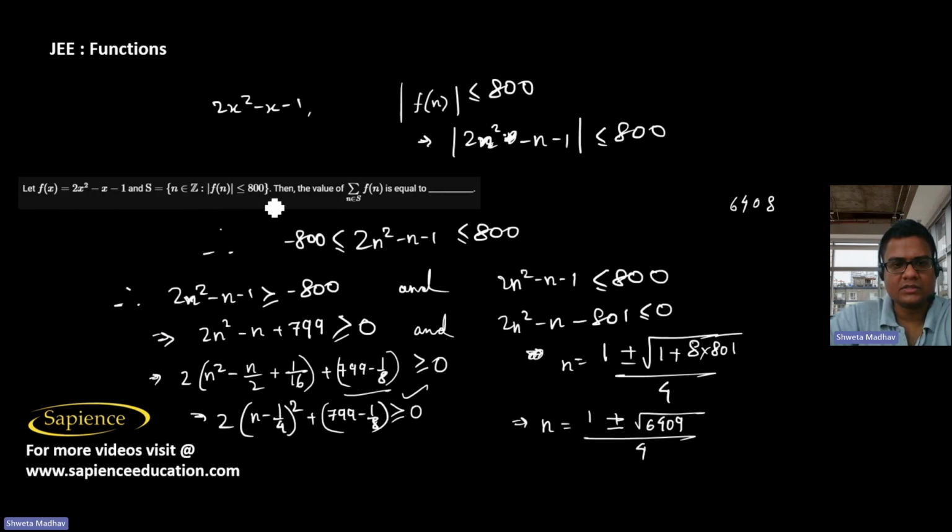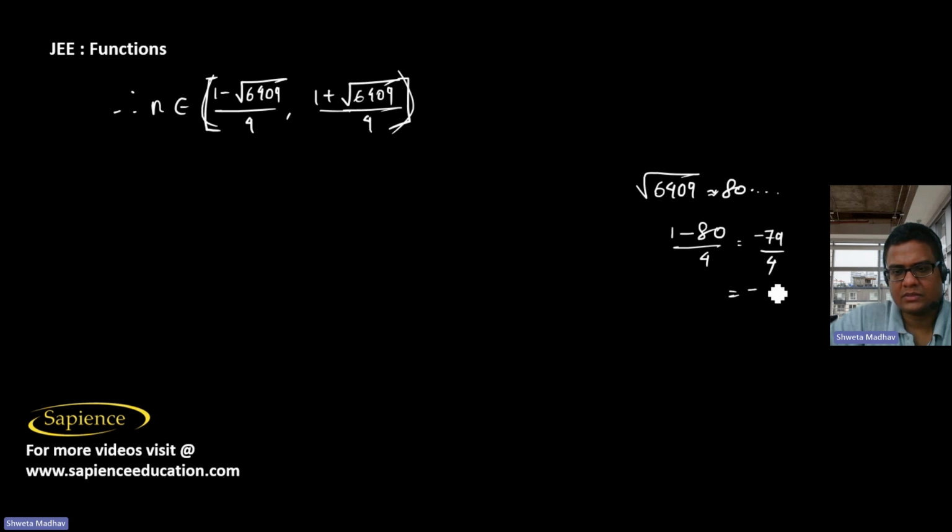These two values are included, and here we have to take the integers only. So root over 6409 is approximately 80 point something. This is 1 minus 80 by 4, so this is minus 79 by 4. 4 nines are 36, so minus 19.75.